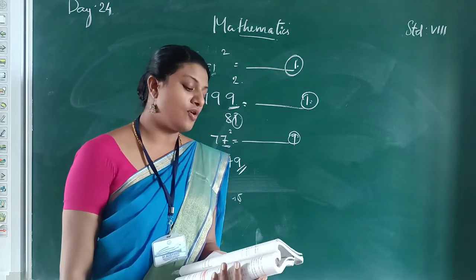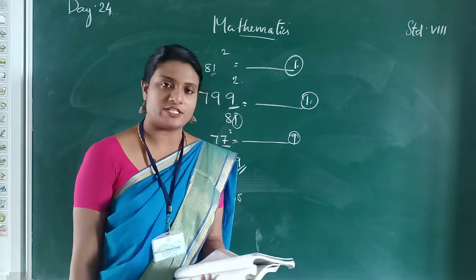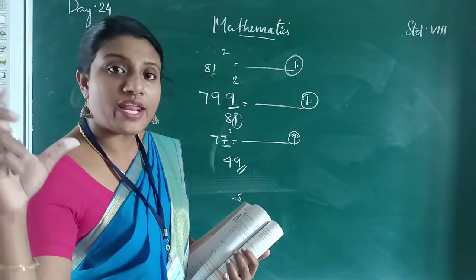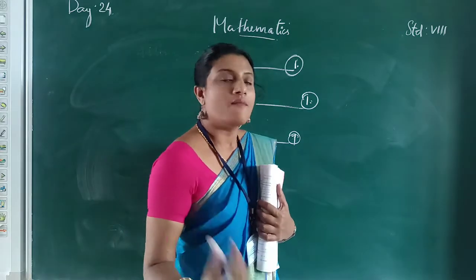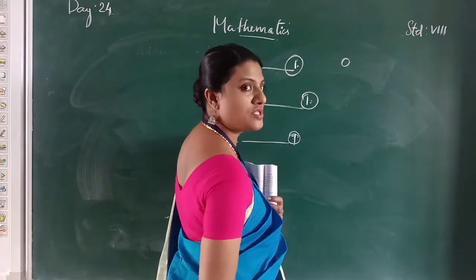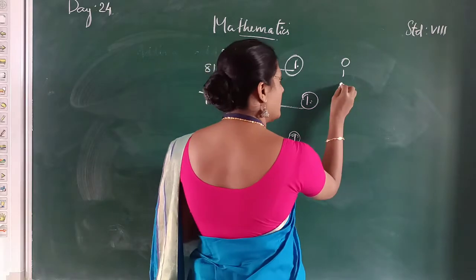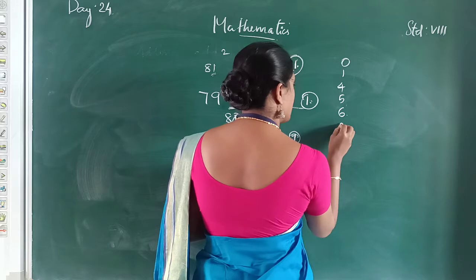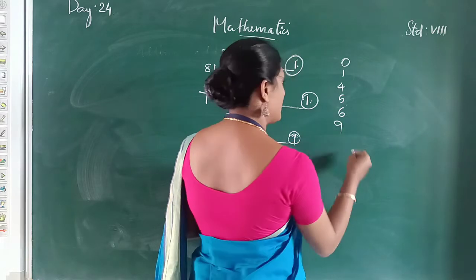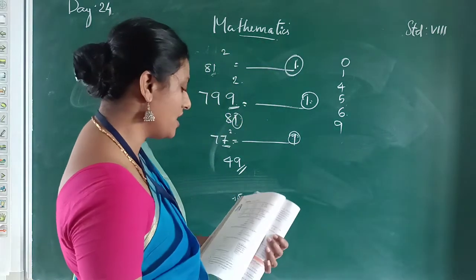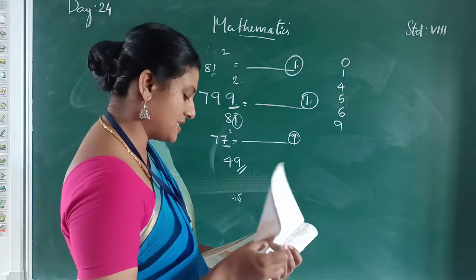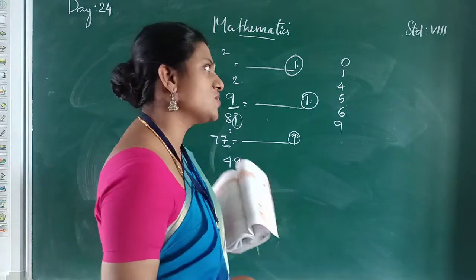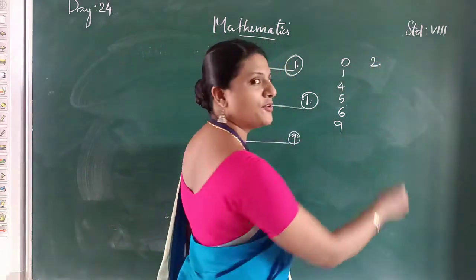Second section: the following numbers are obviously not perfect squares. Give reason. For a number to be a perfect square, which digits did we say must come in the ones place? 0, 1, 4, 5, 6, 9. If these digits come in the ones place, we can say that the given number may be a perfect square.